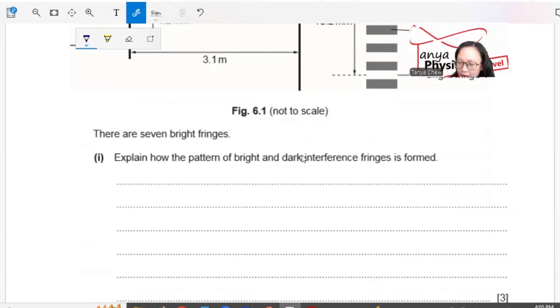I would talk about the bright fringe first. This is between 2 waves meeting each other at one point to give you a bright or dark fringe.